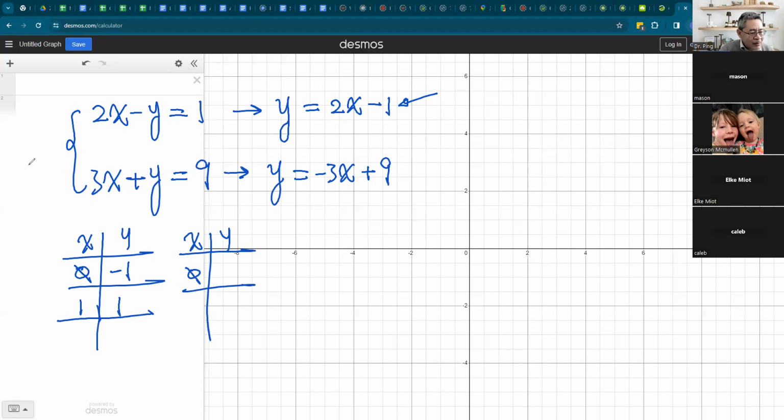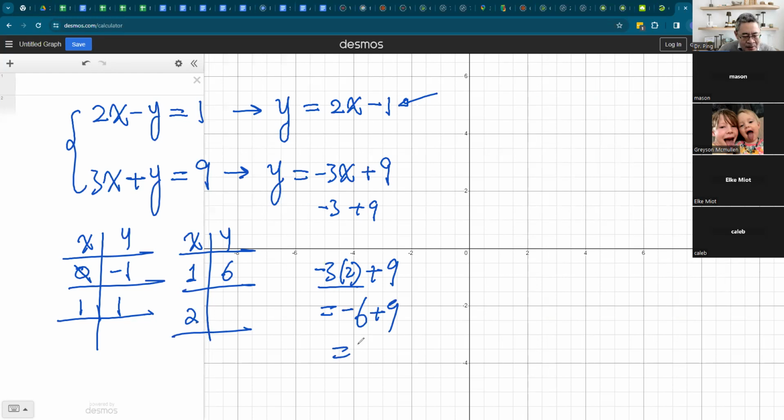So how do I do that? Well, we just pick a different point so that it's in the window of what we can see. So I can put this as, say, 1. Then we got -3 plus 9 is 6. Then I can put 2, and that'd be -3 times 2 plus 9, which is -6 plus 9, is 3. So those are in my window.